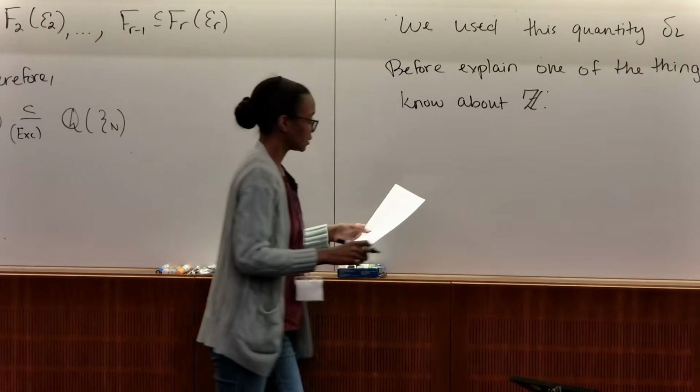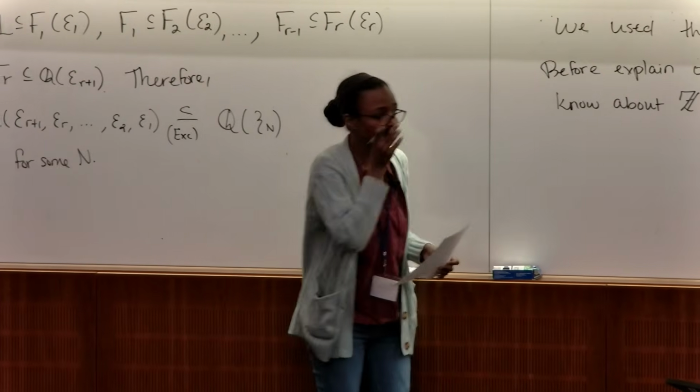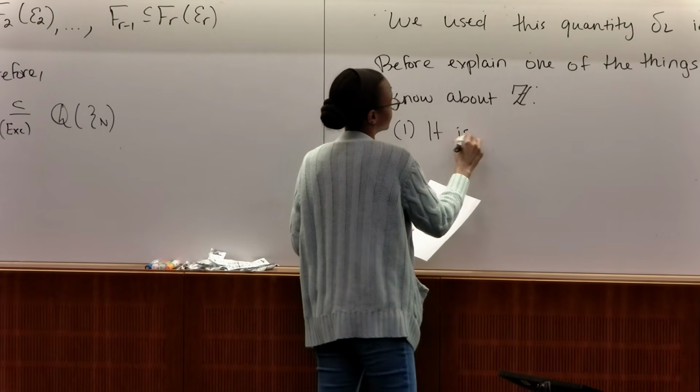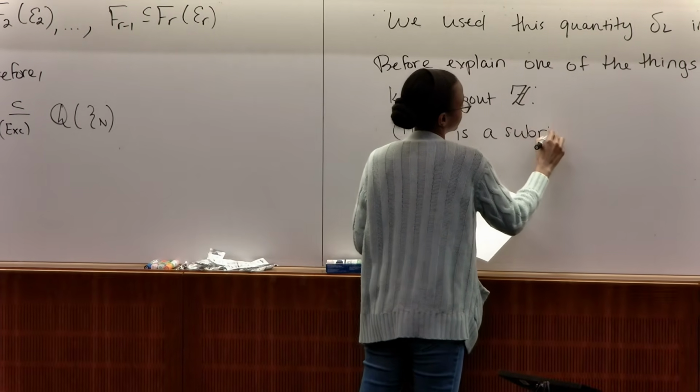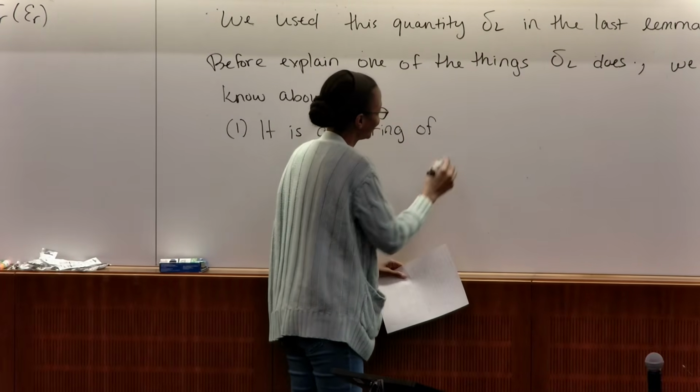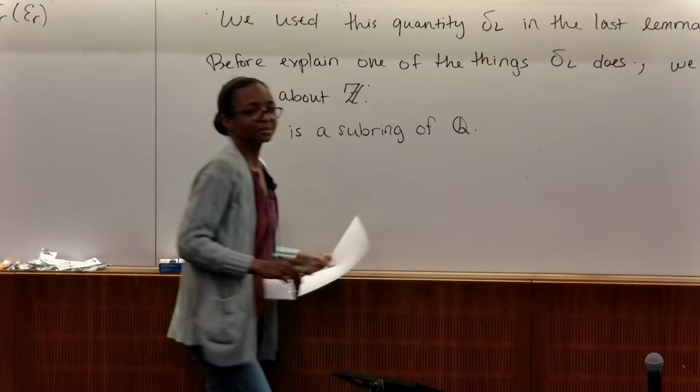Okay. I'm going to give you a list of properties of the integers. One, it's a subring of Q.